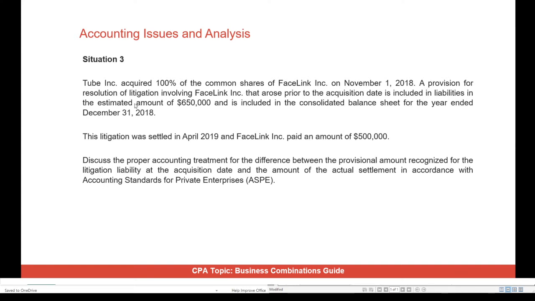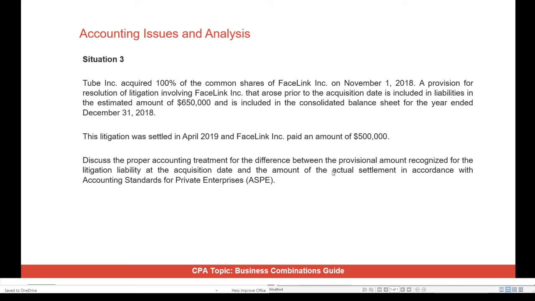But there's a provision for the resolution of litigation involving FaceLink that arose prior to the acquisition date, included in liabilities in the estimated amount of $650,000 and included in the consolidated balance sheet for the year end December 31st, 2018. The litigation was settled in April 2019, and FaceLink paid an amount of $500,000. So the estimated was $650,000, but the actual is $500,000. So what is the appropriate treatment between the provisional amount recognized for the litigation liability at the acquisition date?